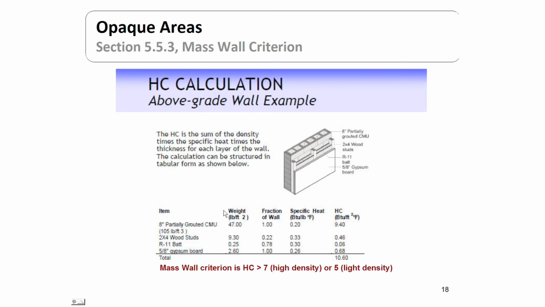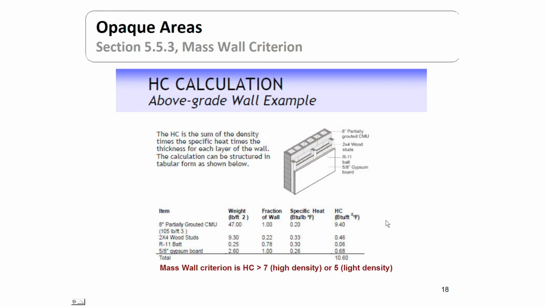This is a definition of what's called a mass wall. And to define a mass wall, you have to look at its heat capacitance. They call that HC, and that is BTUs per square foot per degree Fahrenheit.